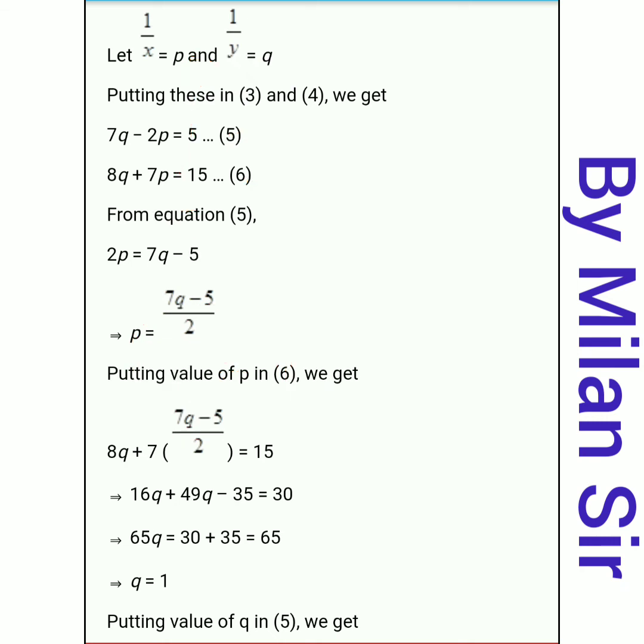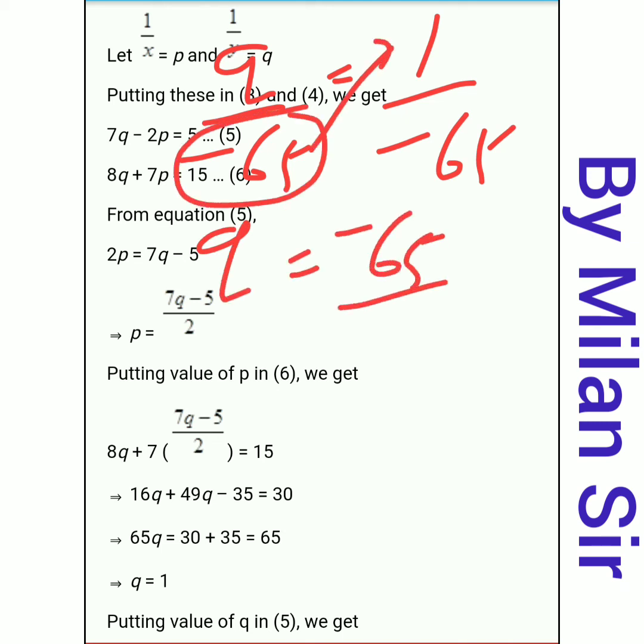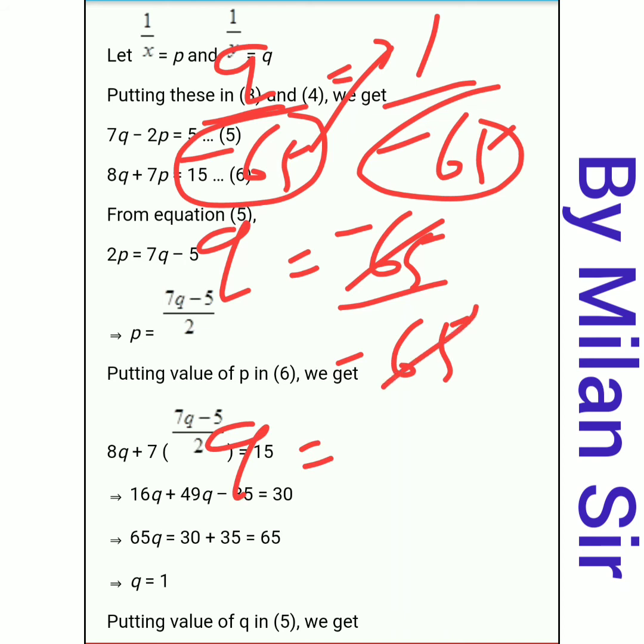Now we need to compare q upon minus 65 with constant 1 upon minus 65. So again transfer this minus 65 to the left hand side. Minus 65 into 1 is minus 65. Here divide by minus 65 as it is. Again 65 65 cancel, minus minus cancel. So q is equal to 1.